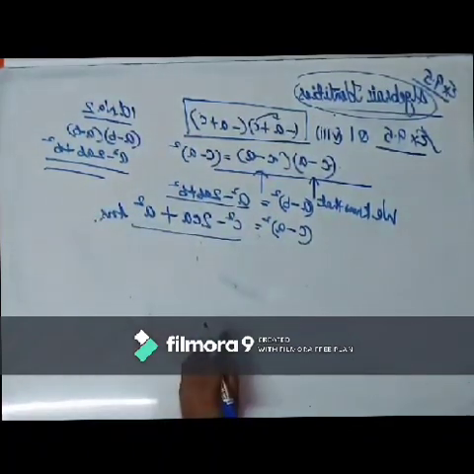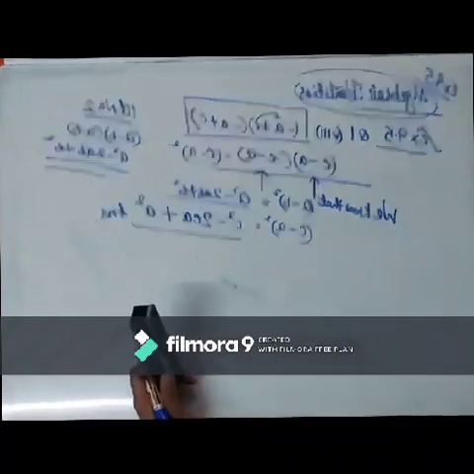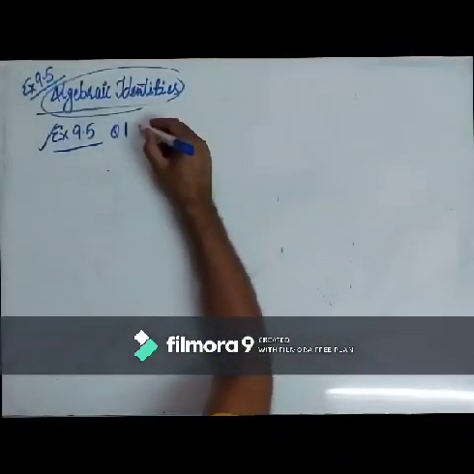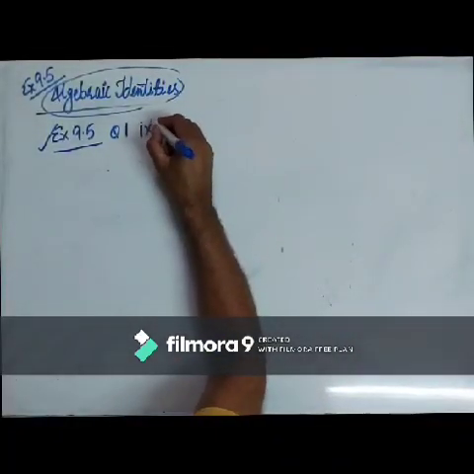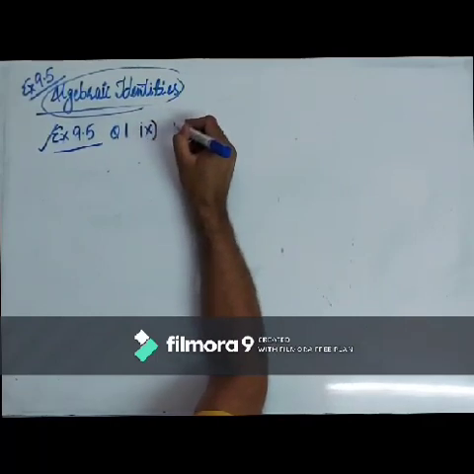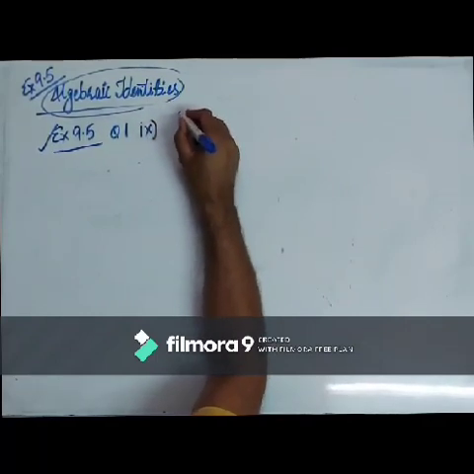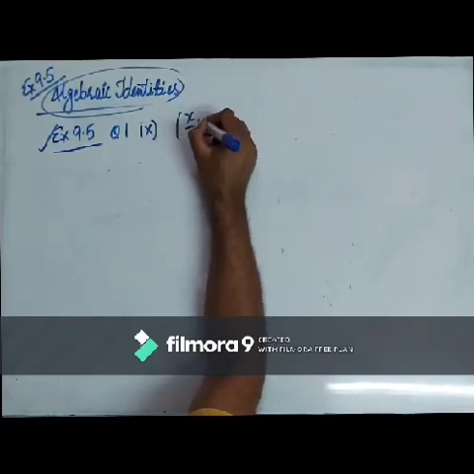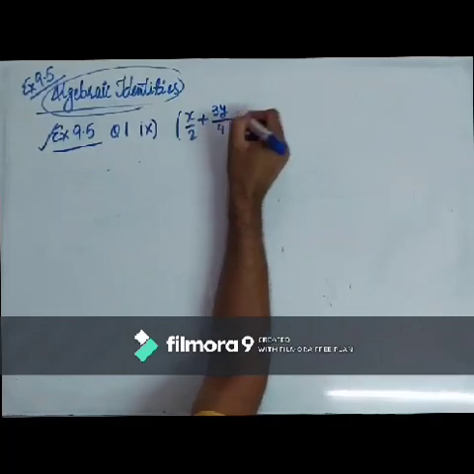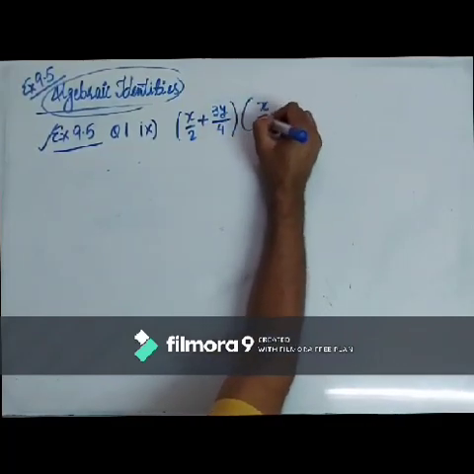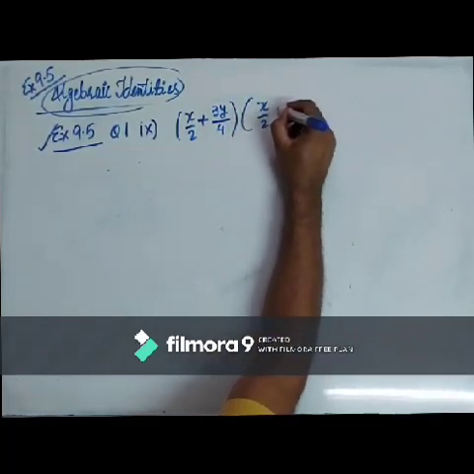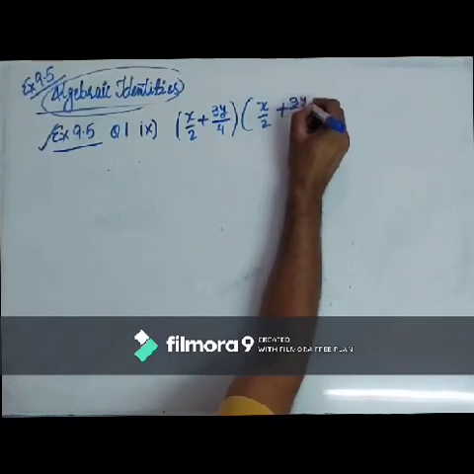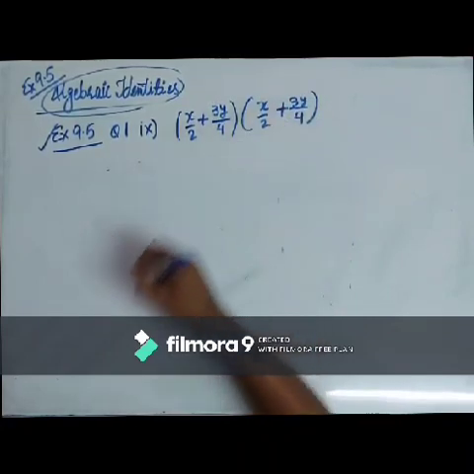It's an easy one. Another question we have, question number 9, subpart 9. This is (x upon 2 plus 3y upon 4) into (x upon 2 plus 3y upon 4).